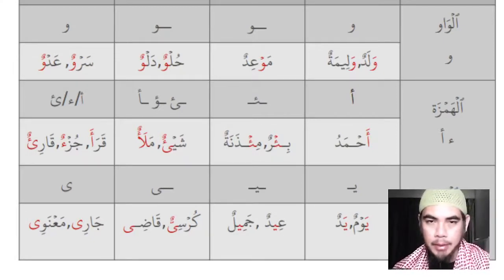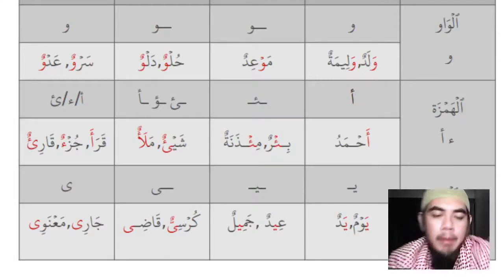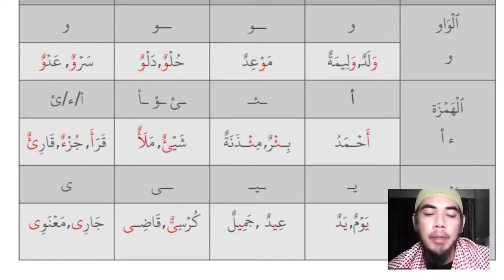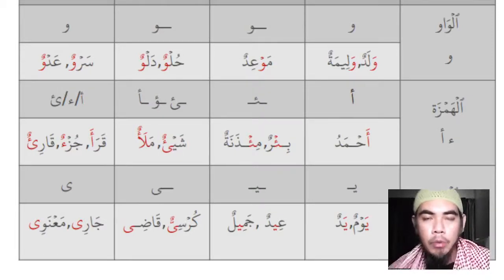Kebanyakannya pada huruf alif. Okay, so when it's in the middle of a word, it can appear on a hook or waw, but it's still hamzah. Just concentrate on the small shape, looks like ain, that's hamzah.